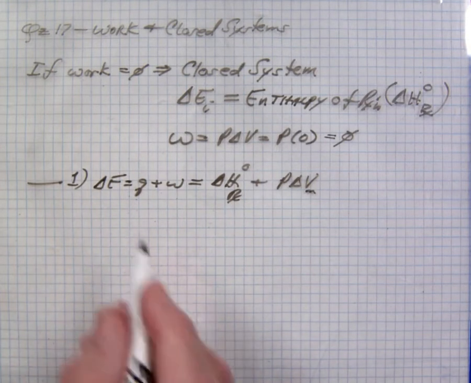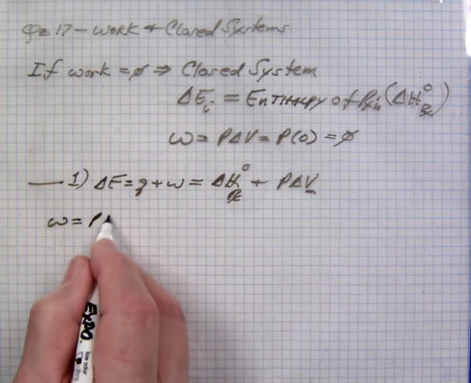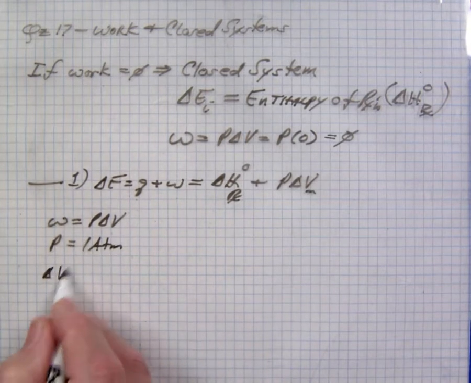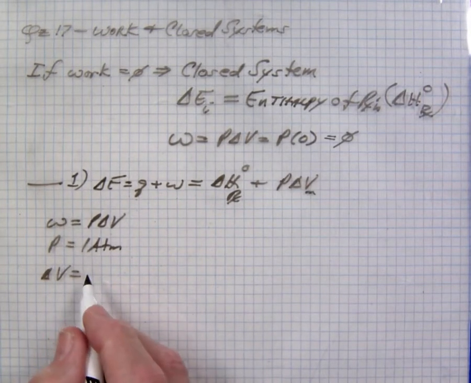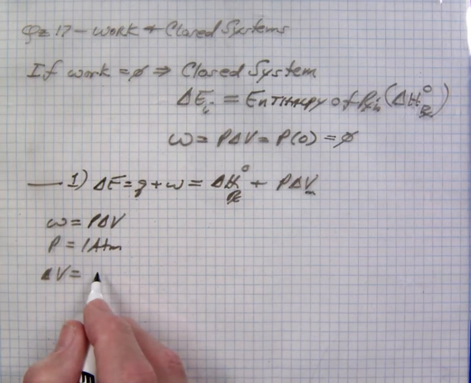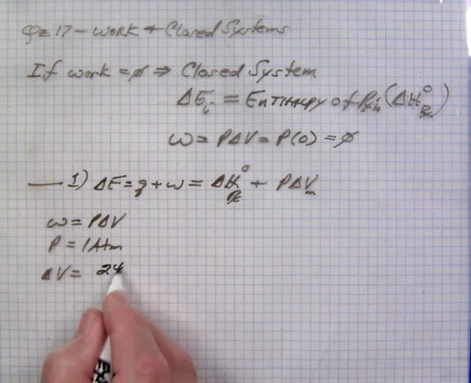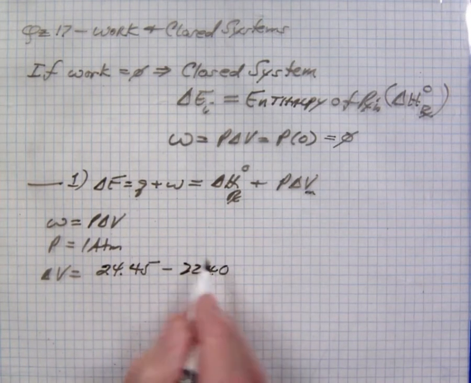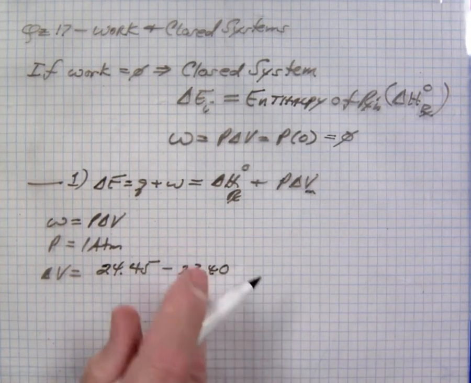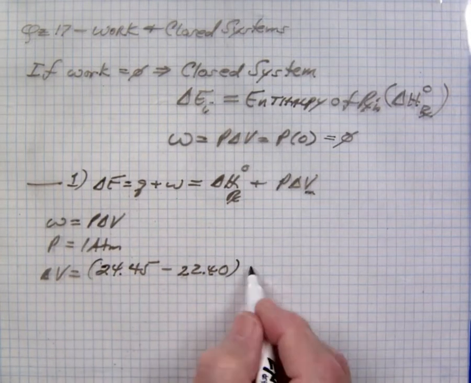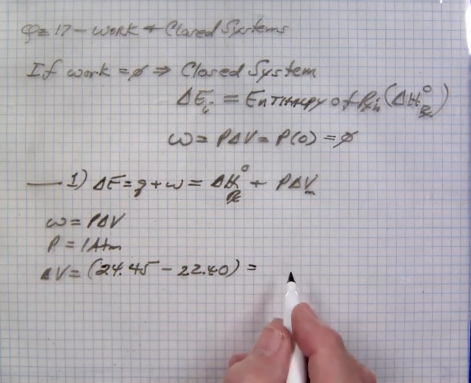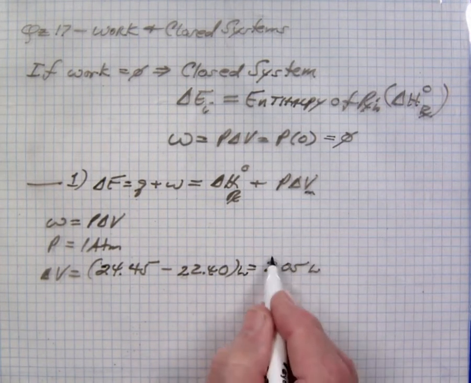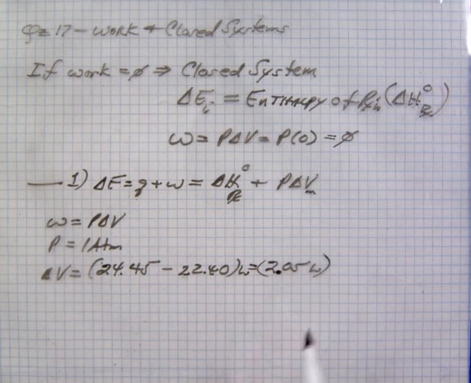It's very simple, and since I gave you that work is P delta V and the pressure is 1 atmosphere, you simply calculate delta V expanding from 22.4 to 24.45. 24.45 minus 22.40 is equal to an expansion of, I think it was 2.05 liters.